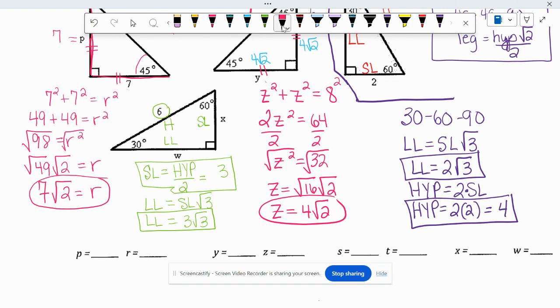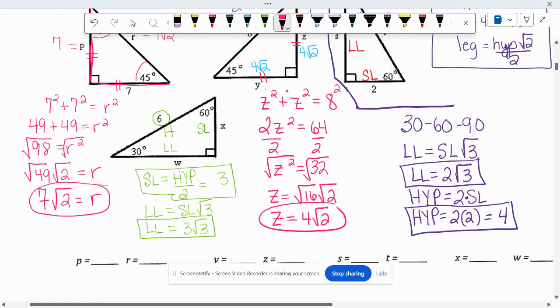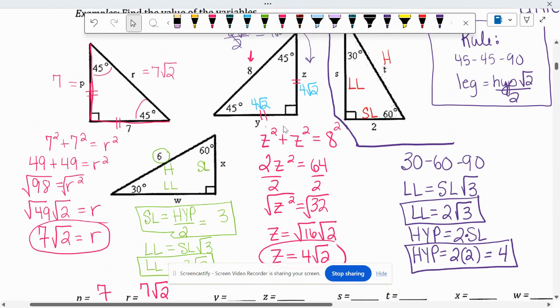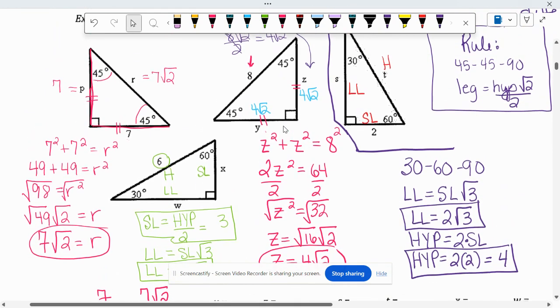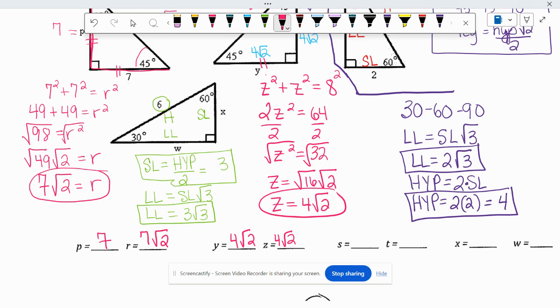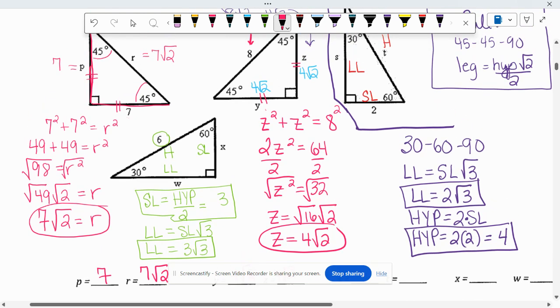So do you guys see that these all are related to the variables at the bottom? So P from the first triangle is 7, and R is 7 times the square root of 2. Y is from the second triangle, and so is Z, and they both have the same measure, 4 root 2. S is from the third triangle that we did.